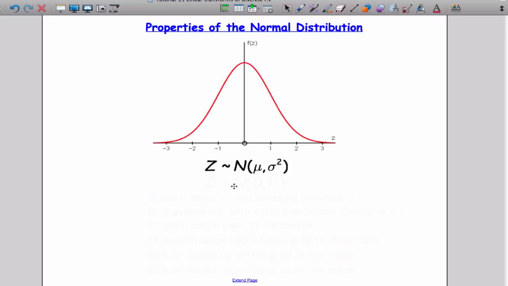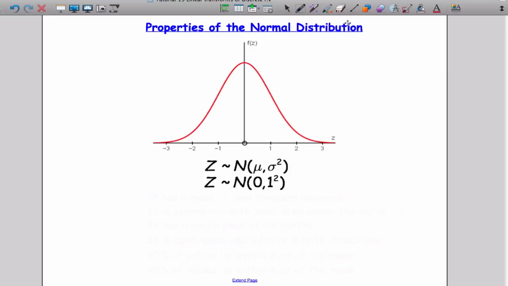With the standard normal, the mean is 0 and the standard deviation is 1. So this is just saying that Z is a random variable that is distributed normally with a mean of 0 and a variance of 1 squared, or a standard deviation of 1 if you like.